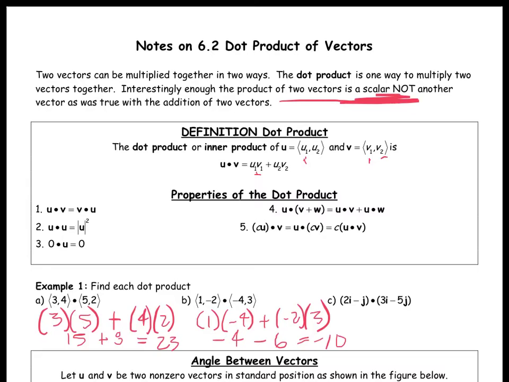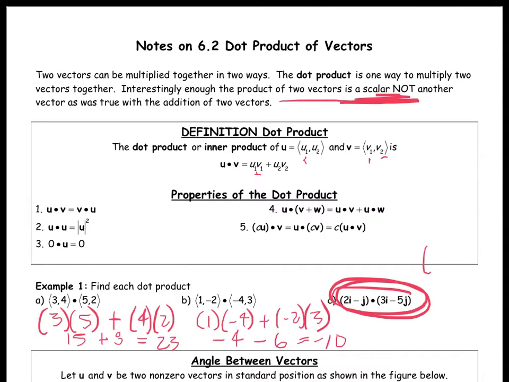Now, what's different about the last example, example C, is the form. This isn't component form. This is the linear form that you probably see in physics. But the same properties hold true. I multiply my like components together.